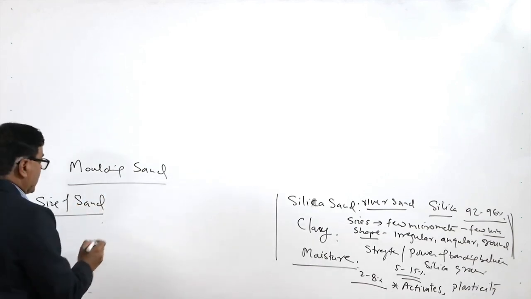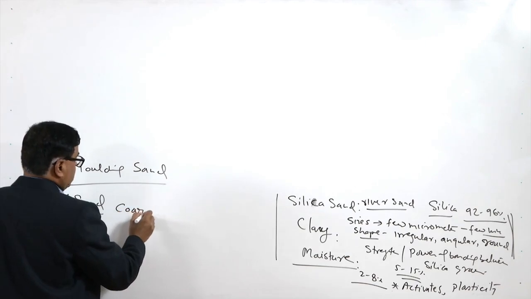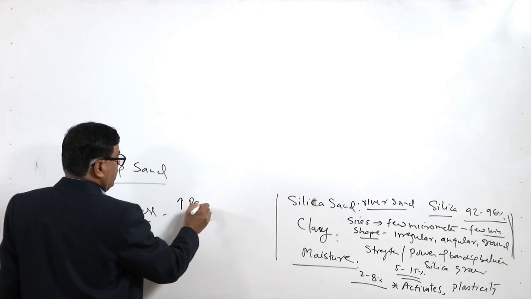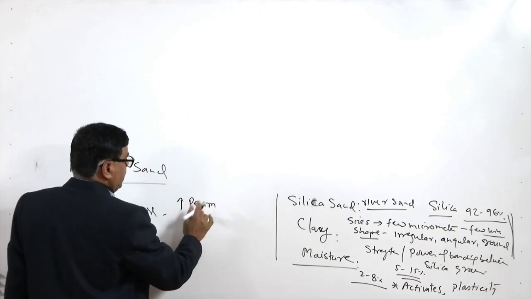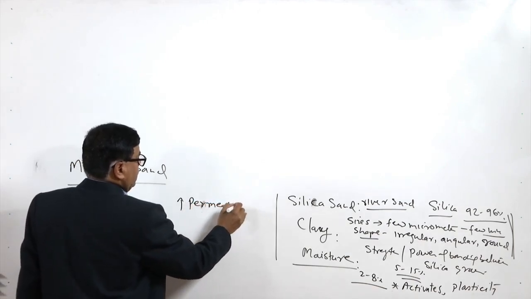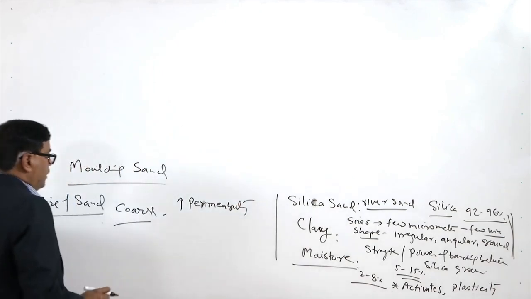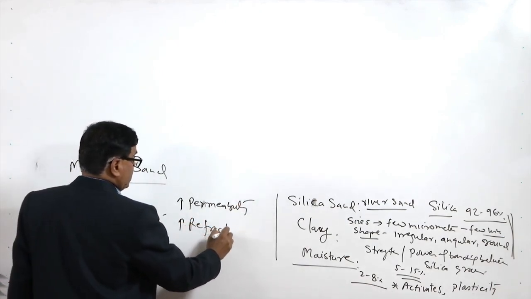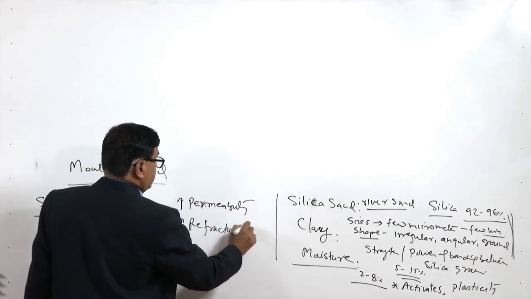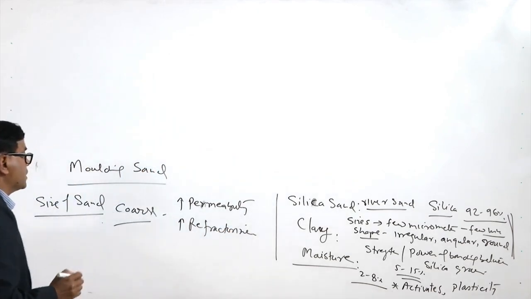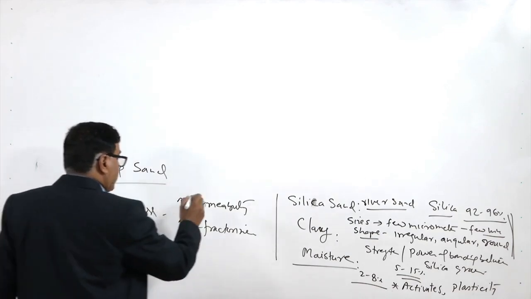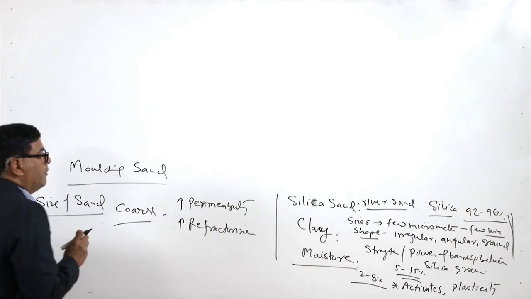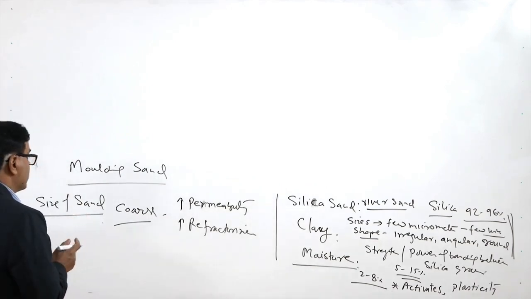Coarse sand particles result in increased permeability and increased refractoriness, the ability to sustain high temperature, which is good, and both these are adversely affected with fine size particles.